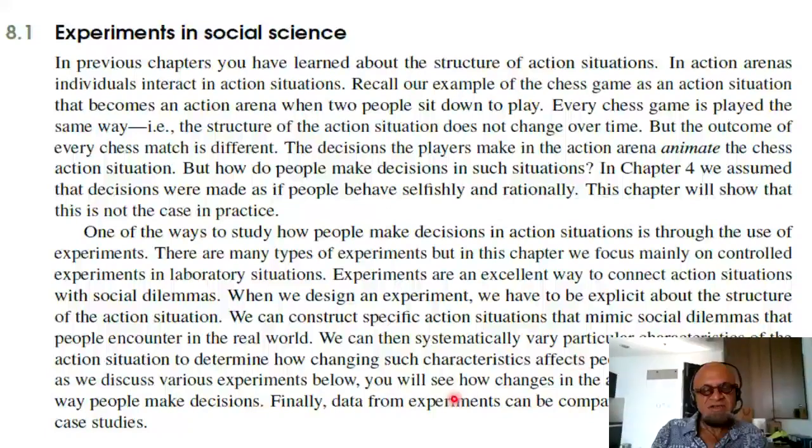Indeed, as we discuss various experiments below, you will see how changes in the action situation affect the way people make decisions. Finally, data from experiments can be compared to observations from case studies. So this is the quantification part, where you don't just do some idealized experiments in the lab that don't have any relevance to reality, any connection to reality.